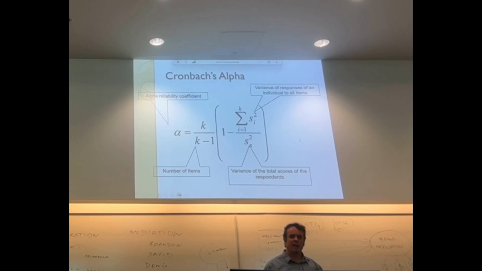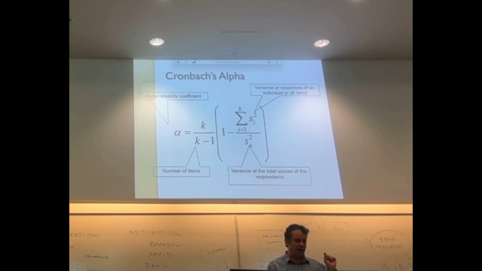However, this illustrates a bit of the problem of Cronbach's alpha: it relies on total scores. As I was telling him, total scores ignore measurement error, and total scores also assume that items are equal measures of the construct. So Cronbach's alpha always assumes that your items are equal measures of the construct. We call that parallel items.